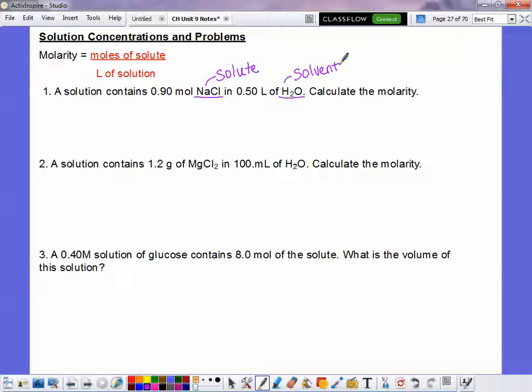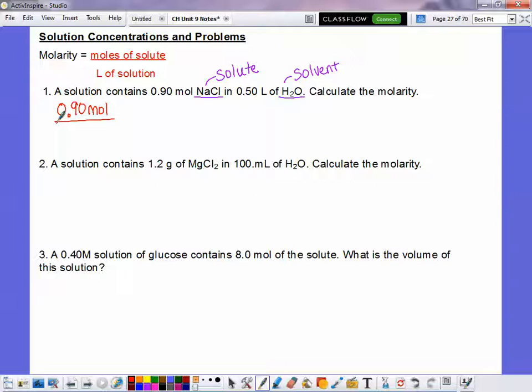So, in order to calculate molarity, we're going to take 0.90 moles and divide it by the volume in liters of the entire solution. Well, we can actually just use the volume of the solvent as the volume of the solution because the solvent is in a much larger quantity than the solute. And so the little bit of solute we're adding to this is not enough to change the volume.